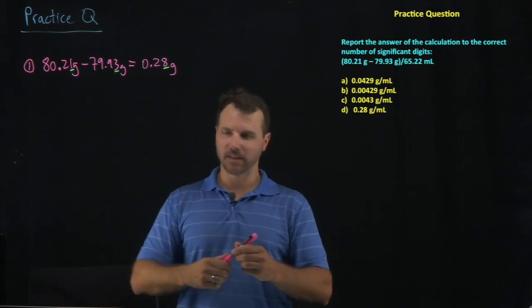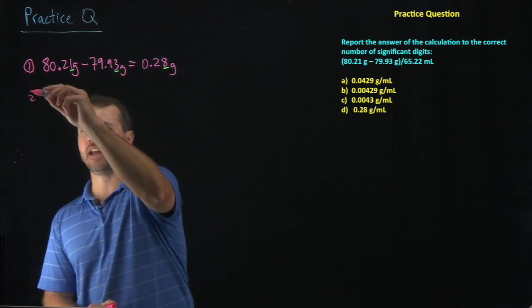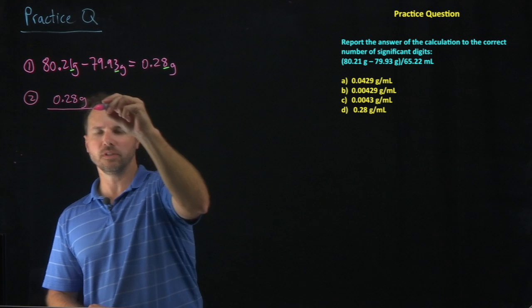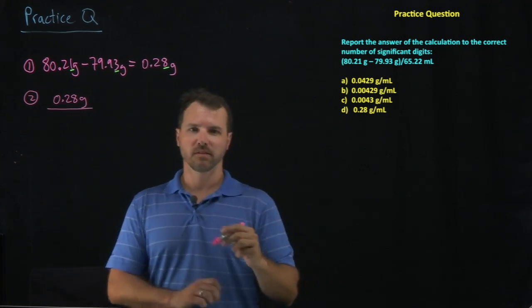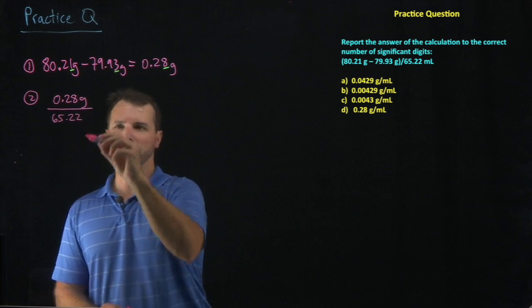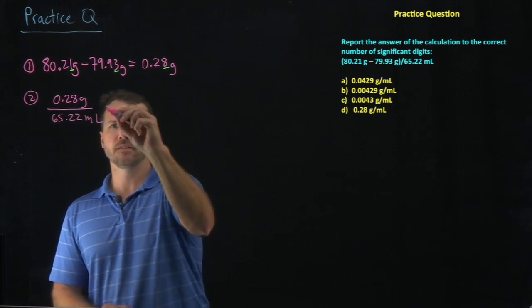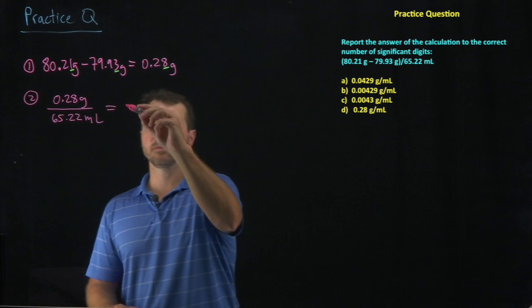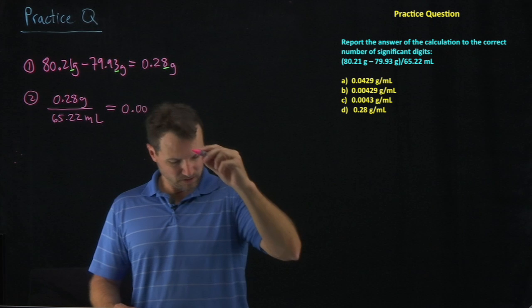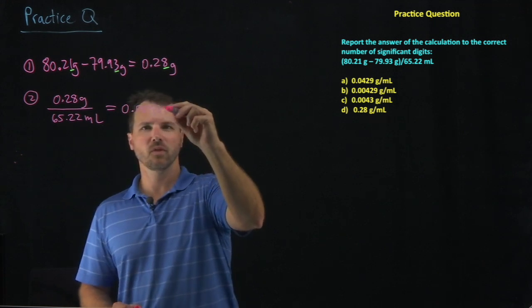But now we're going to take that measurement, or that answer, and we're going to divide by that 65.22 milliliters. And if you put the answer that you get on your calculator, you may get something like this.